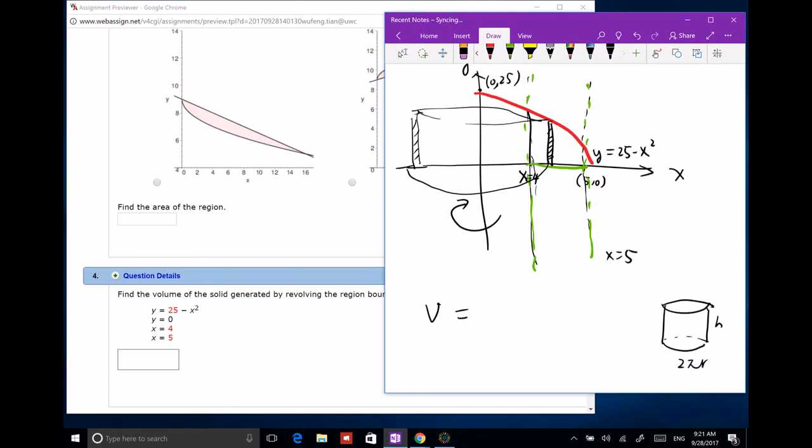So 2 pi, what is r? R is the x value, right? H is 25 minus x squared. So 2 pi r times h from 4 to 5, dx.